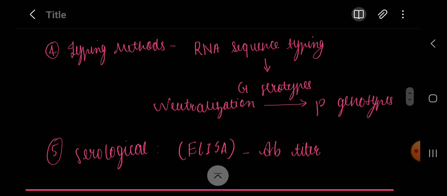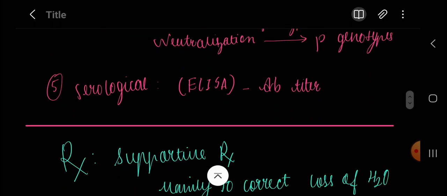Then typing methods, RNA sequence typing: by RNA sequence typing we can detect the G serotypes, and by neutralization test we can detect the P genotypes. The last is serological: we can do ELISA to find out the antibody titer in the blood.